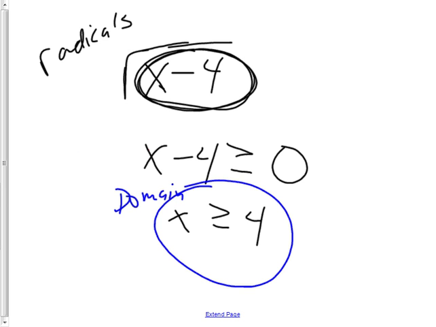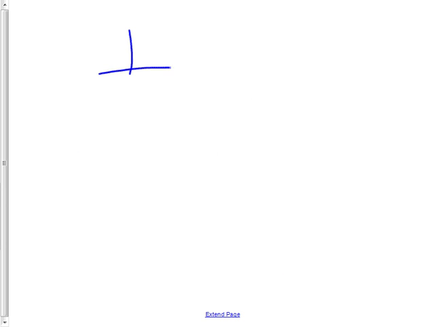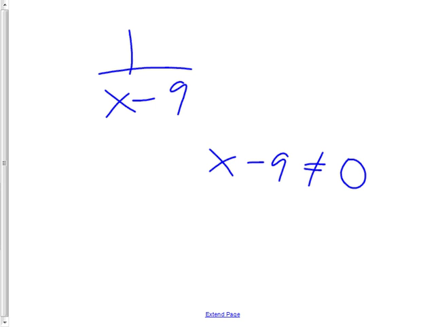Okay, the other kind is where you have a fraction and it's like this, 1 over x minus 9. Do you get that almost any number would work except what one number wouldn't? 9. So you'd say, I want x minus 9 to not equal 0, and I would be okay. Take your denominator and set it not equal to 0.